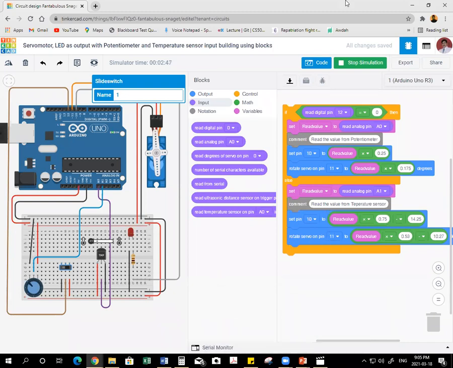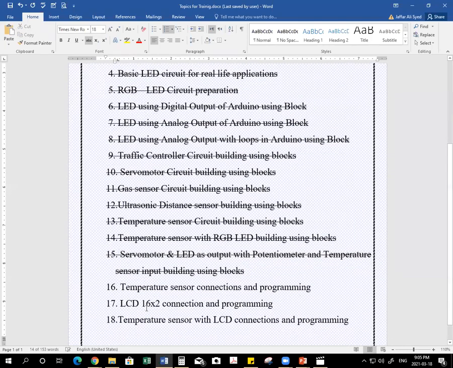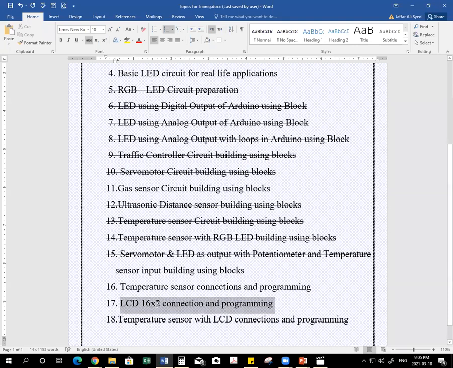Okay, we'll move to the other two circuits left out. We'll finish in half an hour or 40 minutes. Okay, we'll jump to the LCD first.